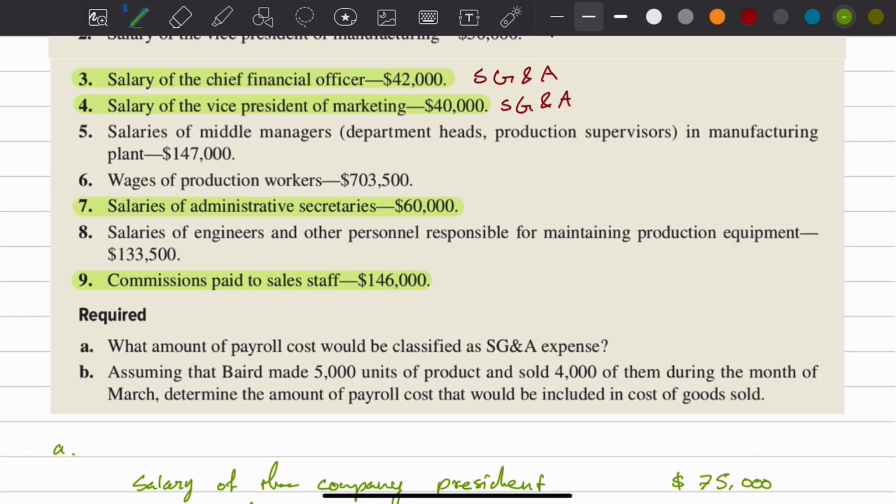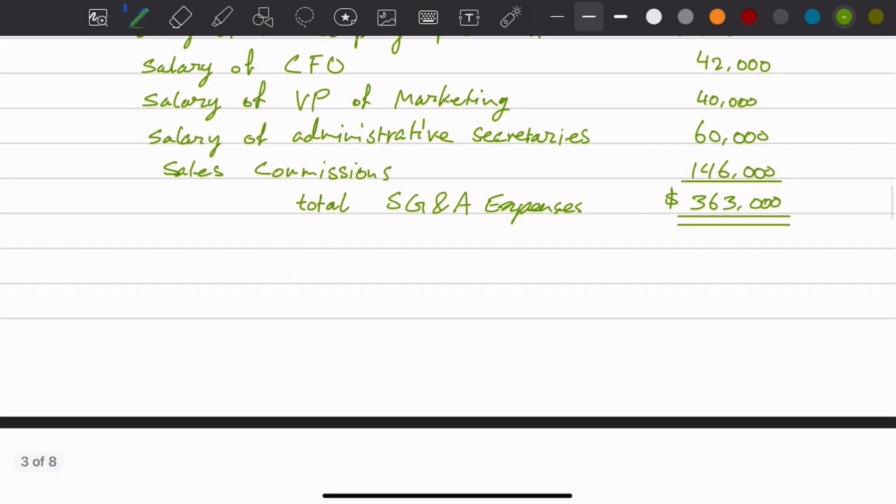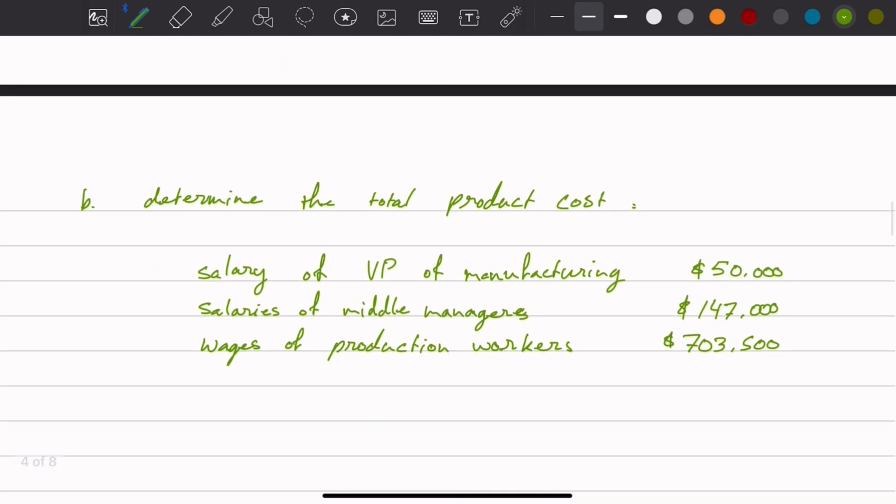Next, last one, number 8, salaries of engineers and other personnel responsible for maintaining production equipment, $133,500. So I'm just going to write salaries of engineers, $133,500.